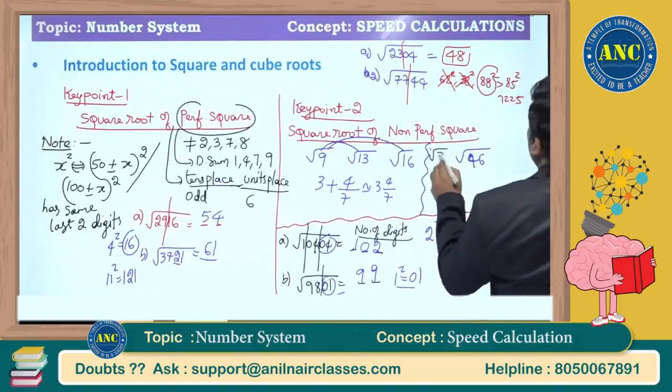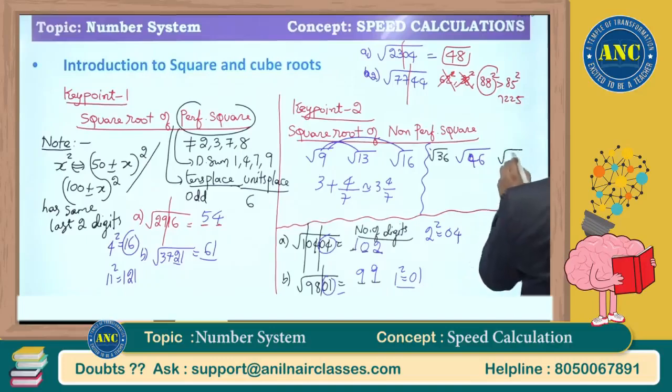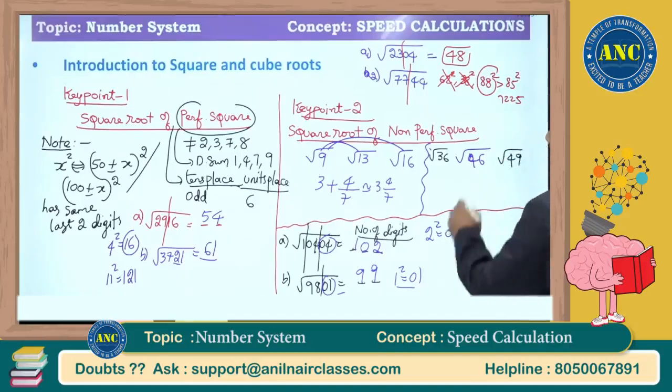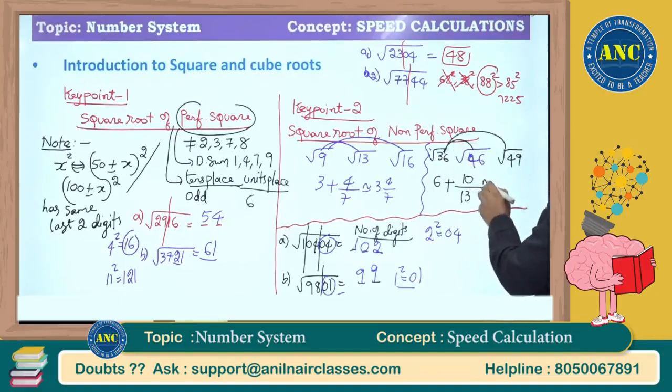Root 46 lies between which two perfect squares? Root 36 and root 49. Answer, root 46 is greater than root 36. 6 plus, 46 minus 36, difference is 10. 49 minus 36, difference is 13.